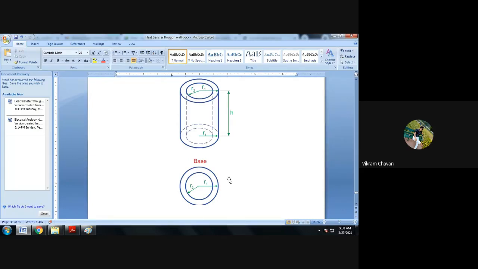First of all, draw this simple diagram of a cylinder. Did you understand what is meant by cylindrical coordinate system and how to locate the coordinates or points in a cylinder? Draw this simple diagram. Freehand drawing is required.